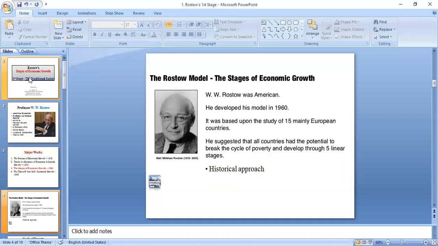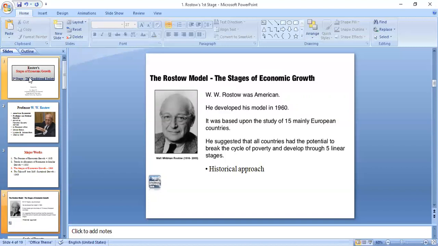He made this study by taking 15 European countries, and he suggested that every country can attain the best of its economic growth, come out of its vicious cycle of poverty and develop, while going through these 5 linear stages.